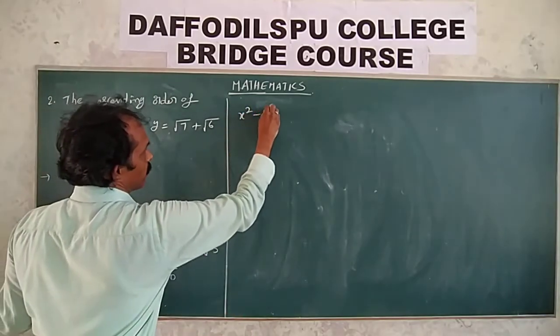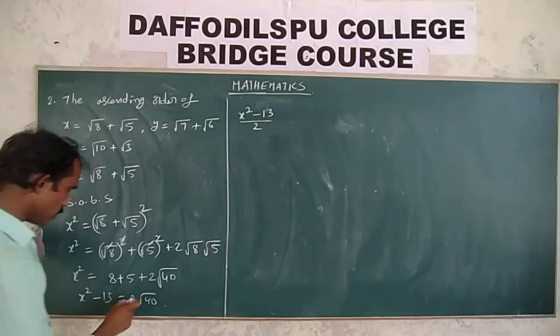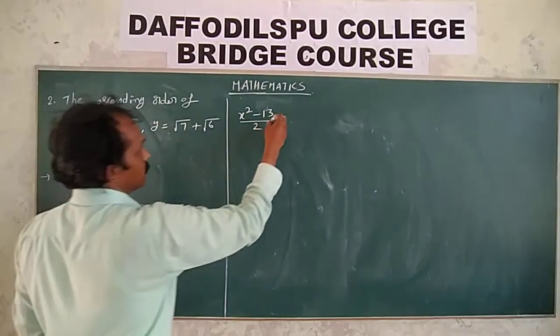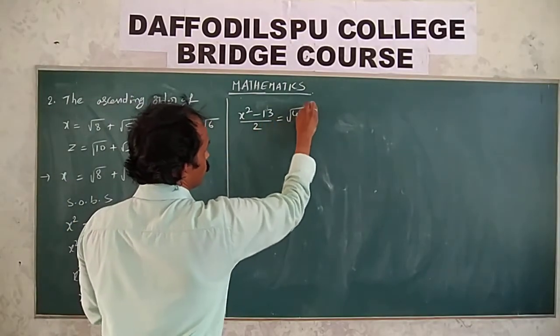Therefore x square minus 13 by 2 is equal to root 40.